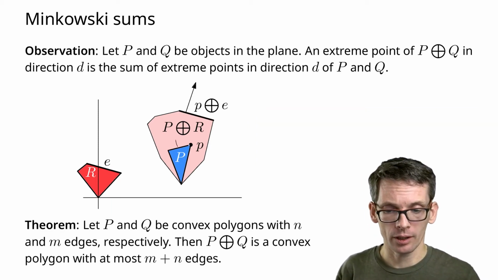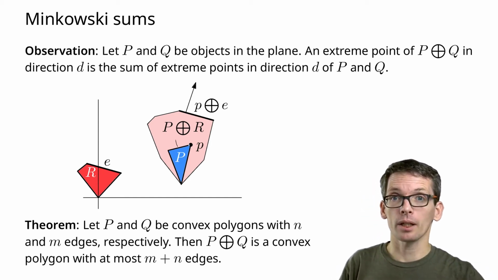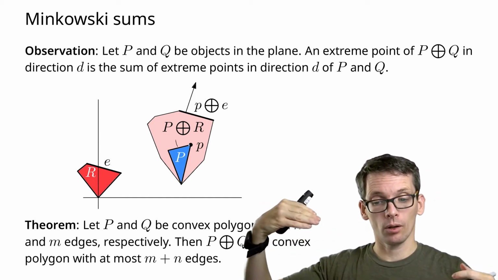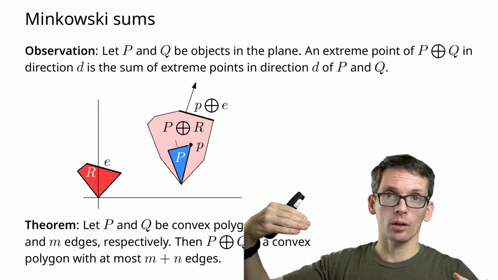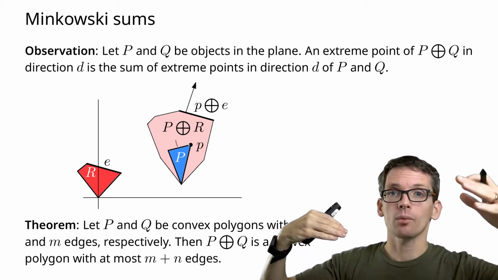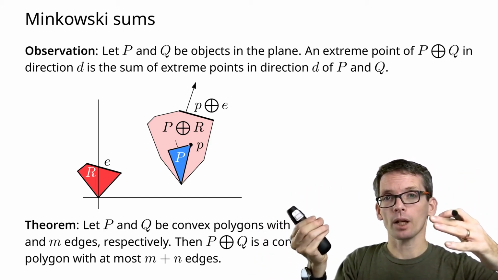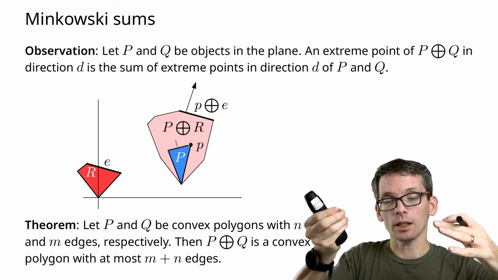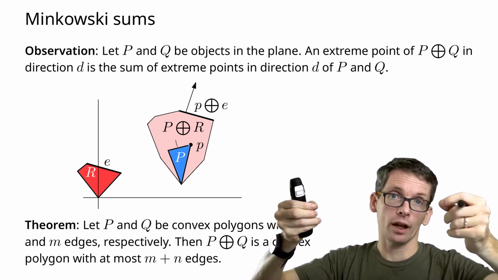Because essentially anything that is extreme in a certain direction is a combination of an extreme point on the one object plus an extreme point on the other object. So if I pick a direction, then on that one object it's either a vertex that is extreme or an edge, and I combine that with a vertex or an edge of the other one.